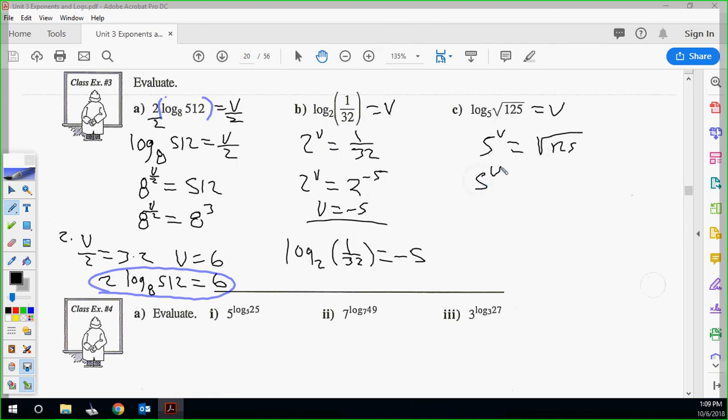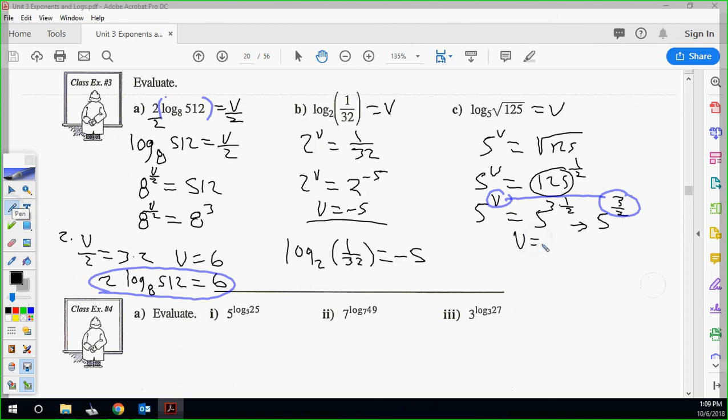So I'm going to write it as 125 to the 1/2 because I know 125 can get to a base of 5. It's 5 cubed. So now you'd have 5 cubed times 1/2, which would just be, I'm just going to write it over here, 5 to the 3/2. So essentially, v is 3/2.